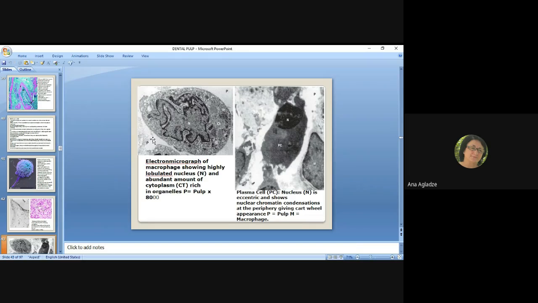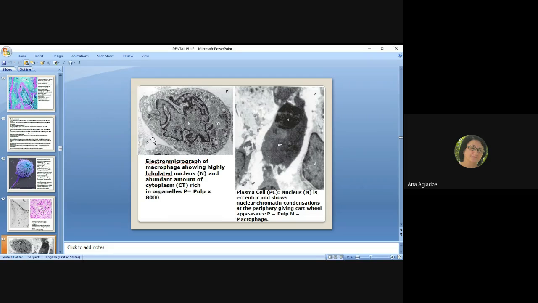The largest population is neutrophils, about 60 to 70%. Neutrophils increase due to bacterial infection, eosinophils due to helminthic or worm parasitic infection.